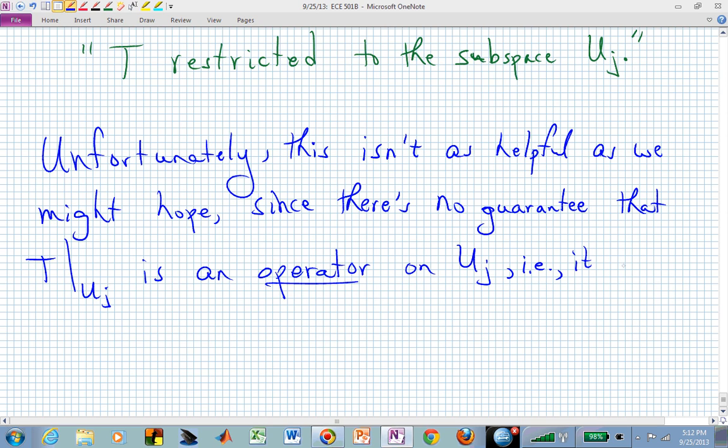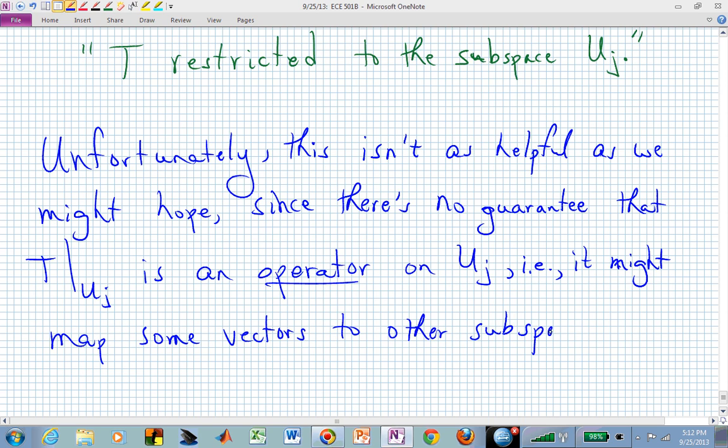That is, the linear operator T might actually map some vectors to other subspaces, meaning we may pick a vector in a subspace U, operate on it with T, and it doesn't stay in that subspace.